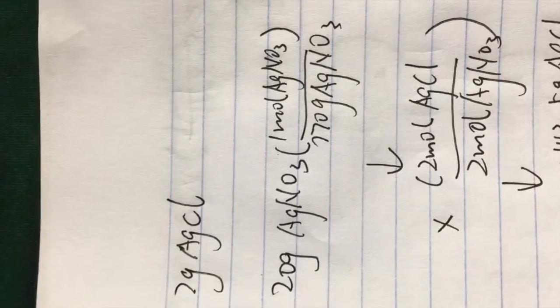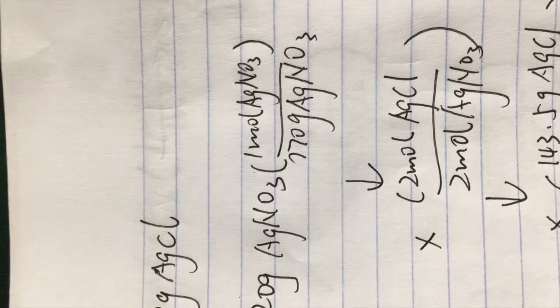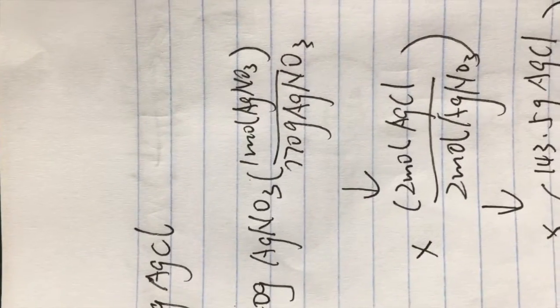So we have 20 grams of HNO3, and we times 1 mole HNO3 over 170 grams HNO3. From this we can know how many moles of HNO3 are in this reaction, and then we use the moles of HNO3 to times 2 mole of HCl over 2 mole of HNO3, so we can know the moles of HCl, the product.